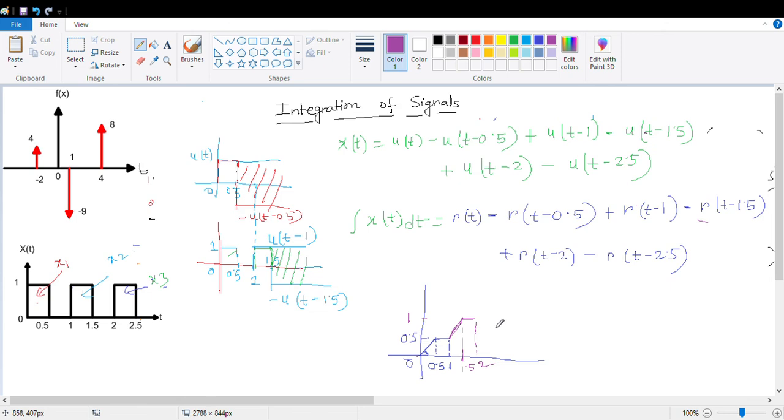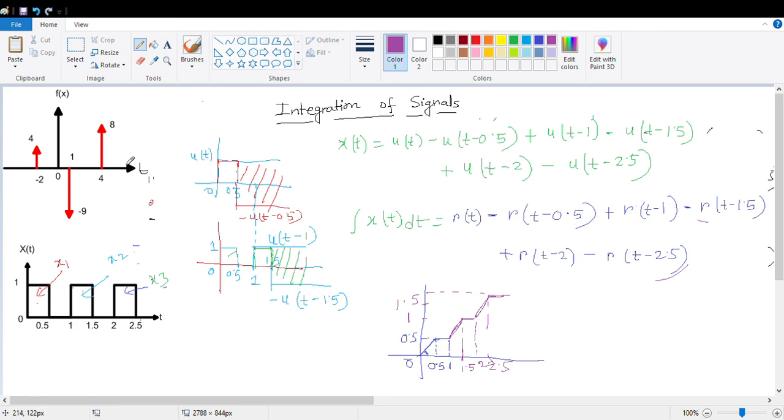As it is 0.5, this must also be 0.5, so it will be up to 1.5. So my unit ramp here will go up to 1.5. After this, we get a unit ramp starting from 2.5 and they cancel out each other. So it will be like this. This is the signal we will get if we integrate this signal.